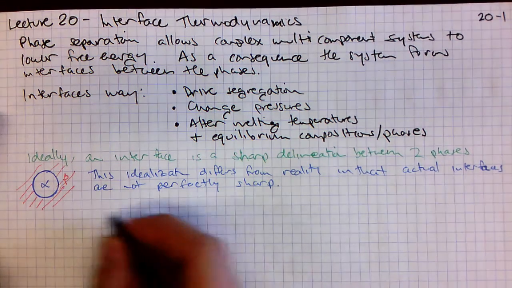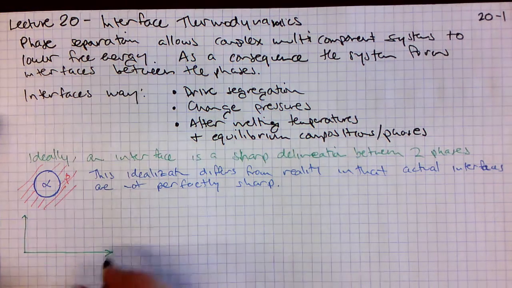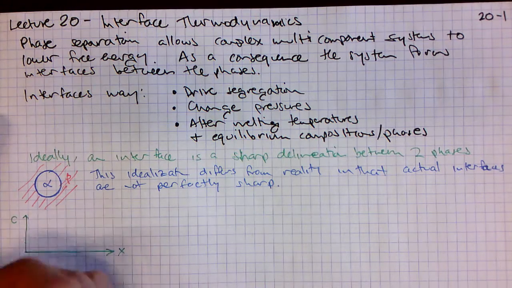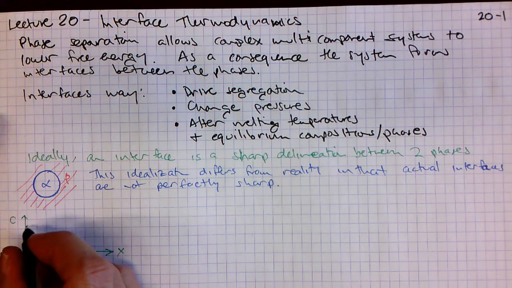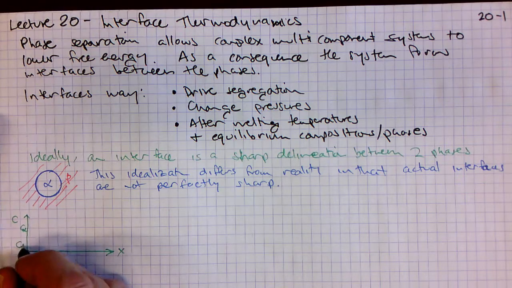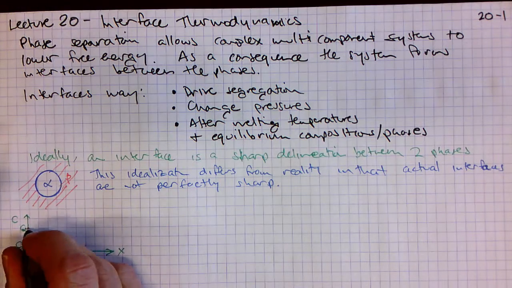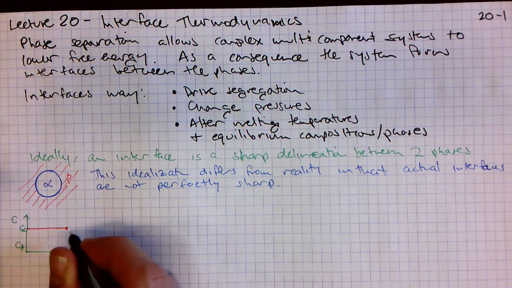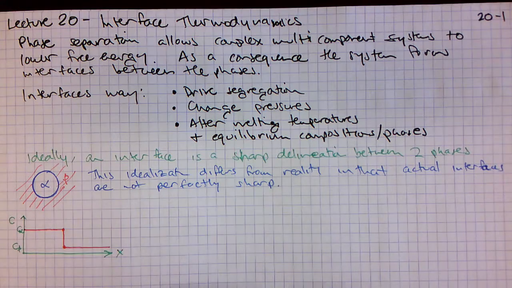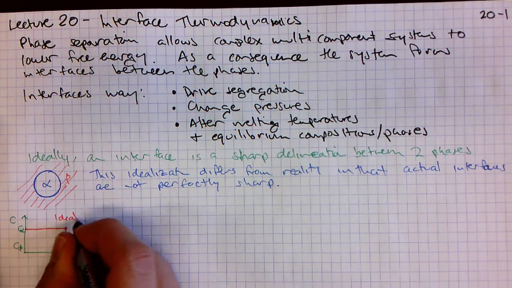So if we were to look at an interface and plot the composition as a function of position, we might expect that we move from the composition associated with alpha, let's call that C alpha, to the composition associated with beta. And in the sharp interface model, we would be at the composition in alpha, and then we would hit the interface, and we would move down to the composition in beta. But, so this is an ideal interface.